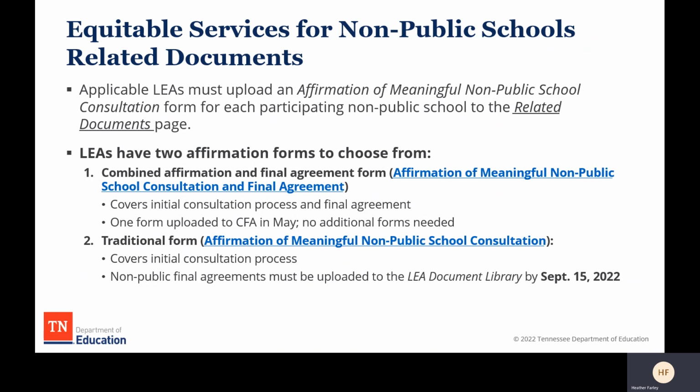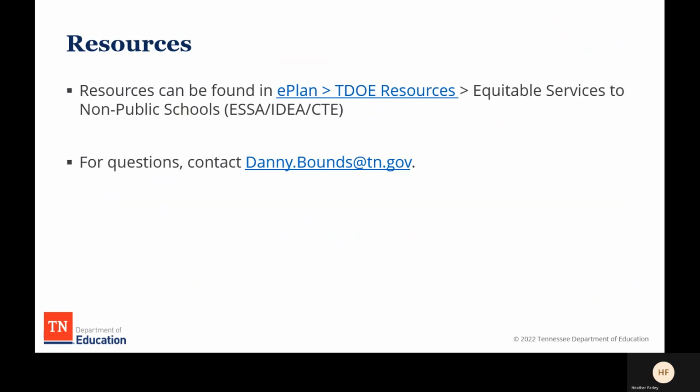Do note, though, that if you do the second form, which is just a non-public school consultation, the final agreement has to be uploaded to the LEA document library by September the 15th. And this is a list of resources for non-publics.